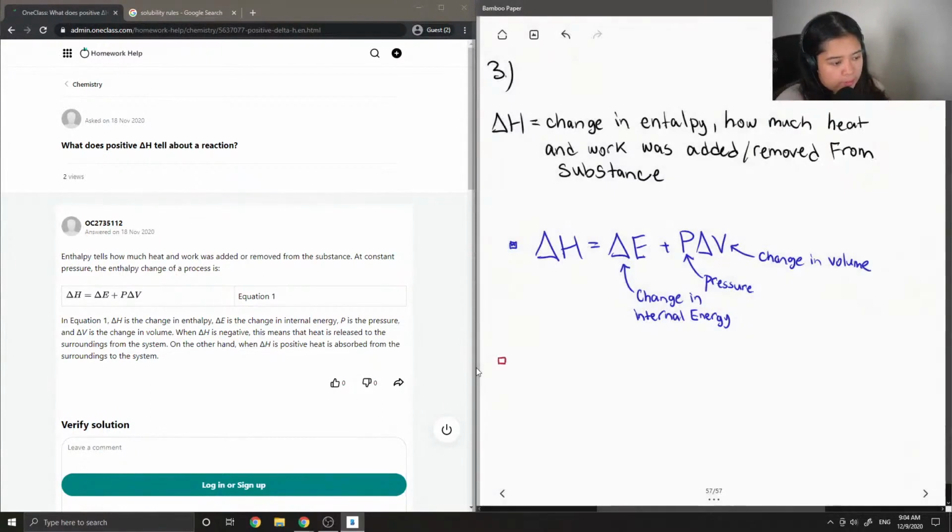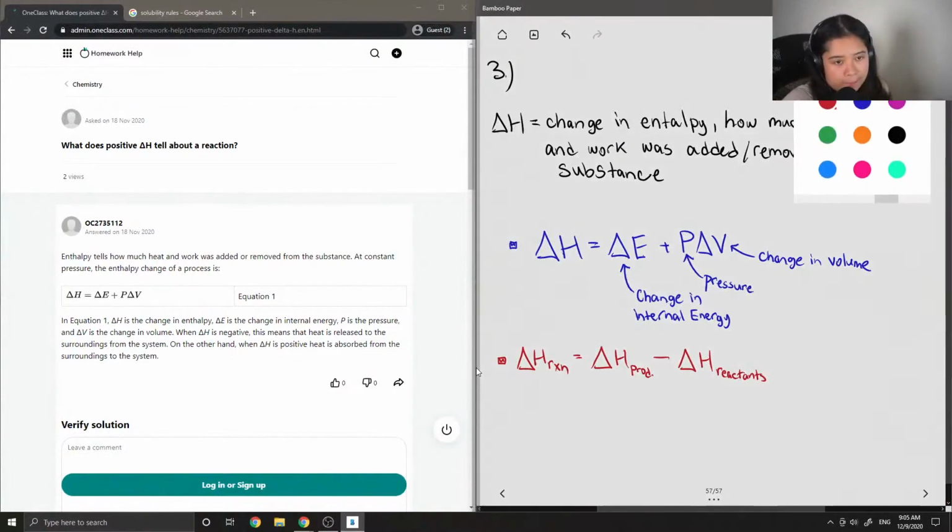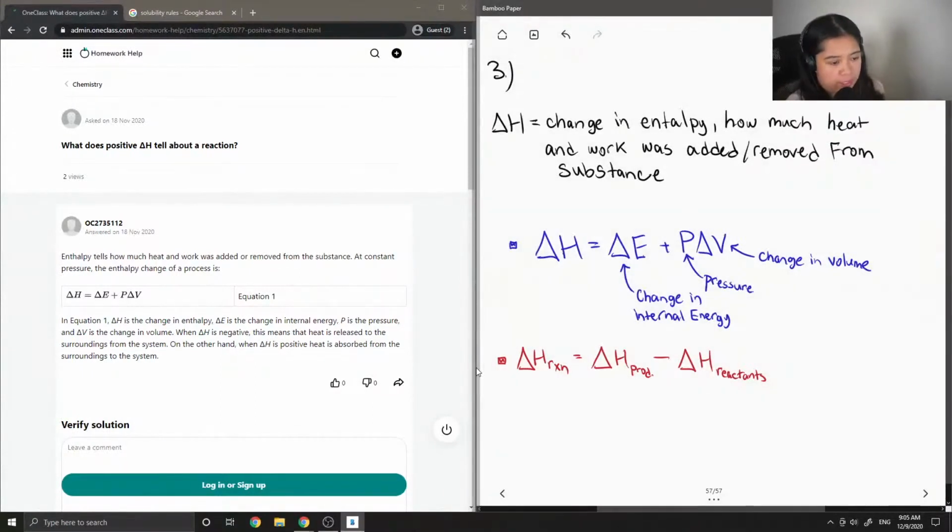Another way is to find the delta H of reaction. Sometimes we're given the values of the delta H of our products, and then this will be minus the delta H of our reactants. So this is if a question gives you the delta H of your products and the delta H of your reactants already.